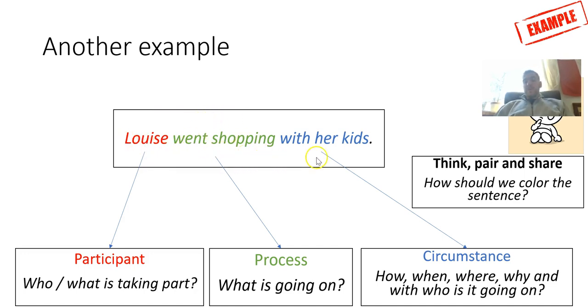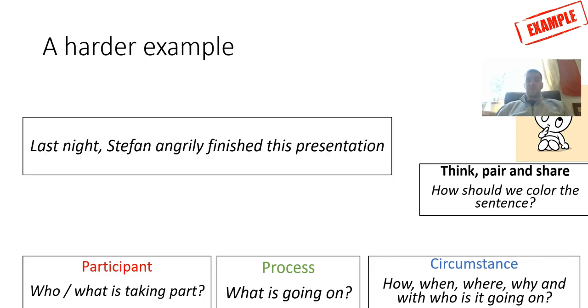Then it says with her kids, and with her kids tells us something about the process. It tells us something about with who the process is happening. So this would be the way to color this example: participant, process, circumstance.